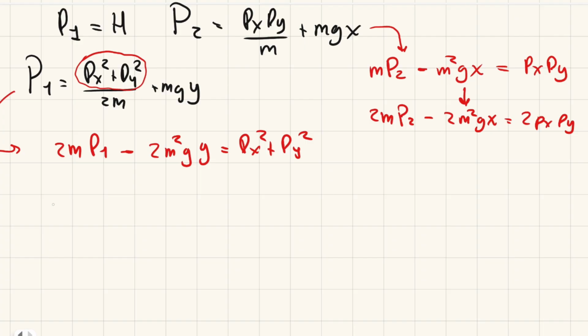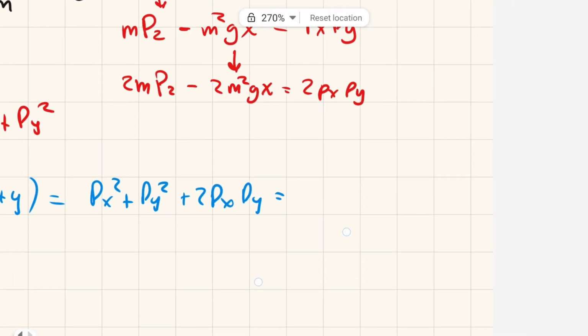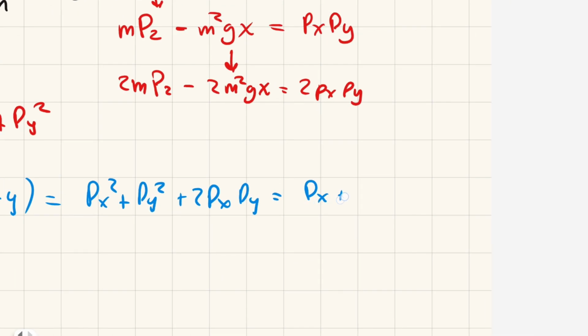Let's say this is going to be 2m times p1 plus p2, and then minus 2m squared g times x plus y, right? And then this is equal to px squared plus py squared plus 2px py. But like I mentioned, this is px plus py squared, right?